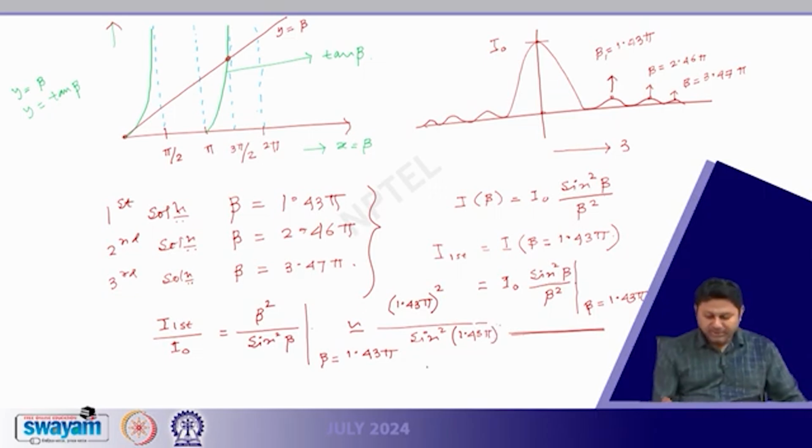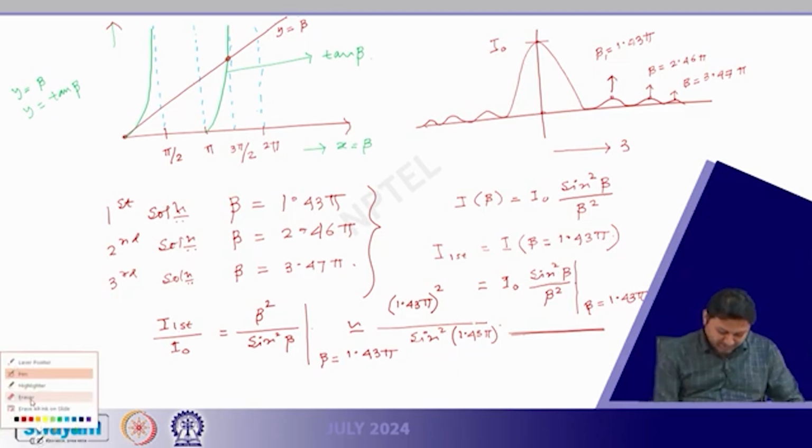So I get a value here, and that value basically tells us what the ratio should be. Okay, here I made a mistake, so that is why it creates some problem.